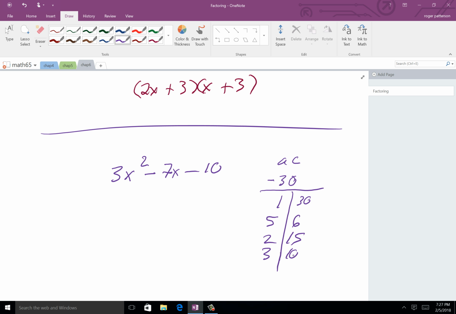Now we got to figure out, we got a minus, so that means I got to subtract to that 7. What subtracts to the 7? 3 and 10. There's my winners right there. So, I start out by writing the 3x squared down. Always do that. Now I'm going to put this down.